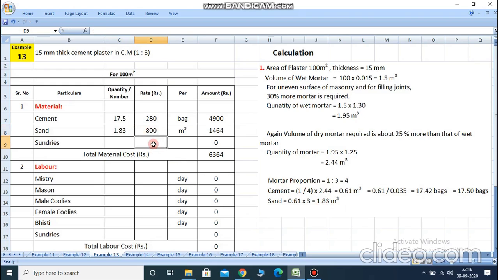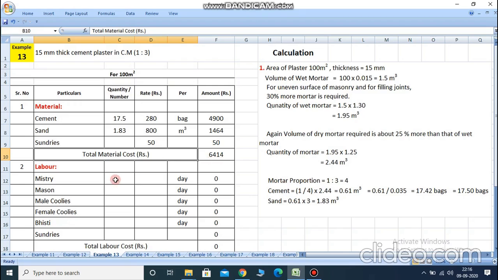And 50 rupees we take as extra rupees. So here 17.5 multiplied by 280 is 4900, 1.83 multiplied by 800 is 1464, and 50 rupees. Summation of 4900, 1464 and 50, all these three values, we got 6414, means 6414 rupees as a material cost.